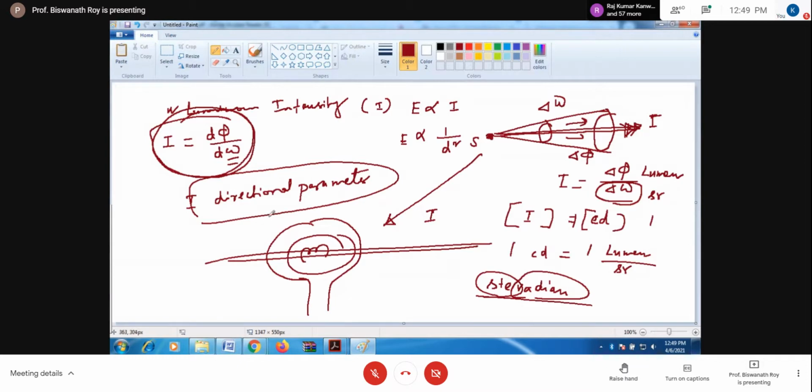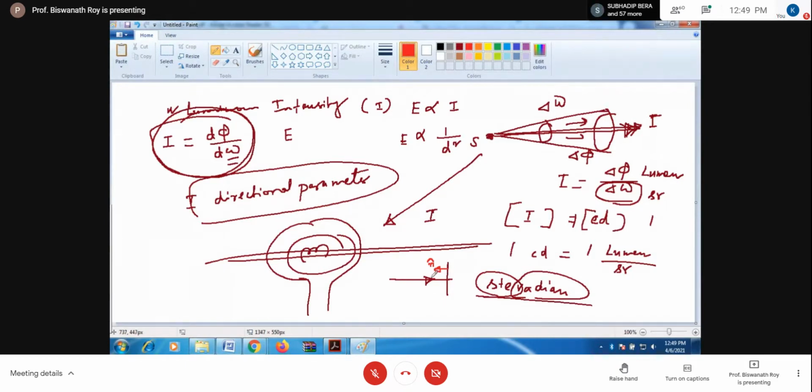And the illuminance at a point is inversely proportional to the square of the distance, for normal incidence. That means if this is one surface and light is incident perpendicularly over the surface. How can I know light is incident perpendicularly? The orientation of any plane is defined by the orientation of the normal to the surface. Let the normal be expressed by the n cap, the unit normal vector.